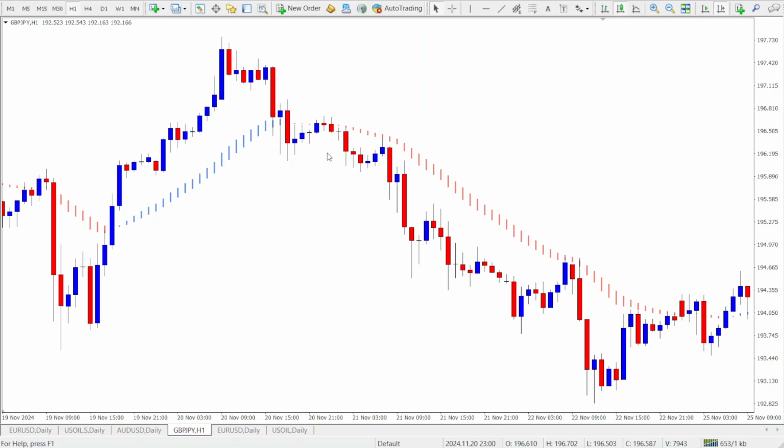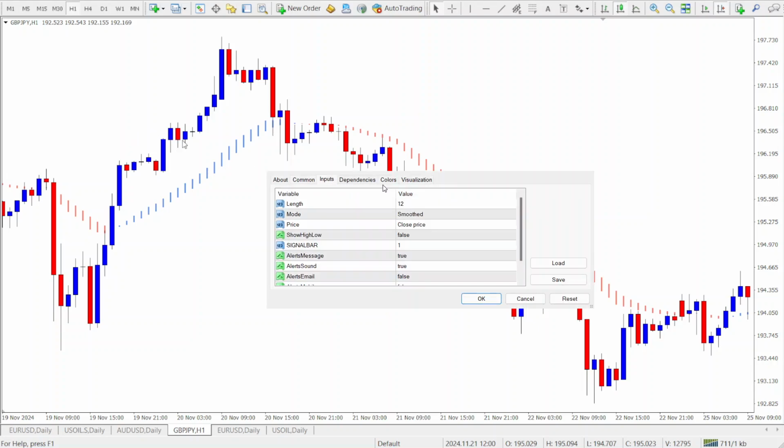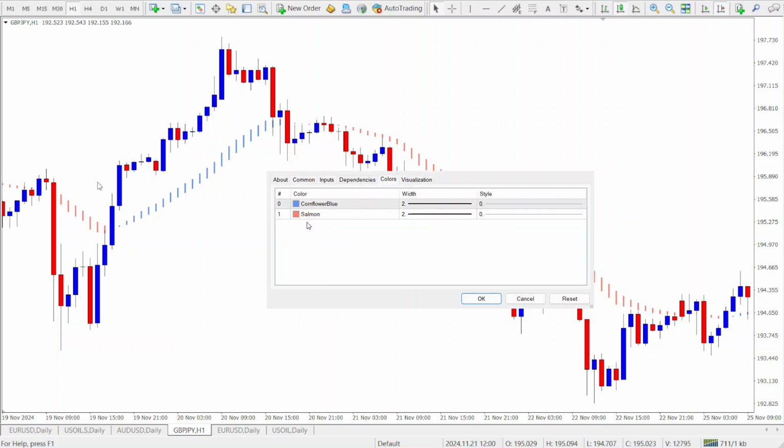Now, there are two things you should be looking out for. The first is for the price to drop below the indicator, and the second is for the indicator to change the color from blue to this color that seems like a pinkish orange. Let's confirm what color it is. Okay, it's a salmon color.